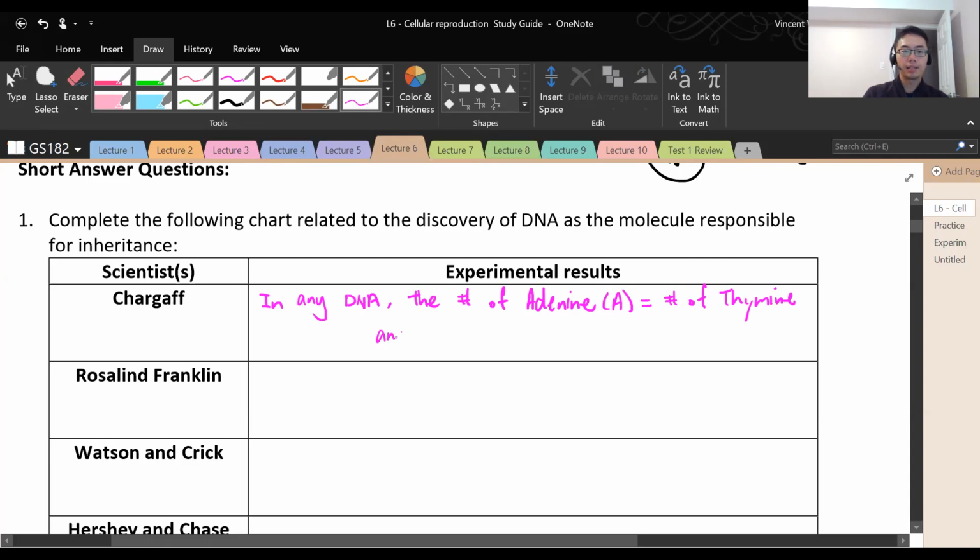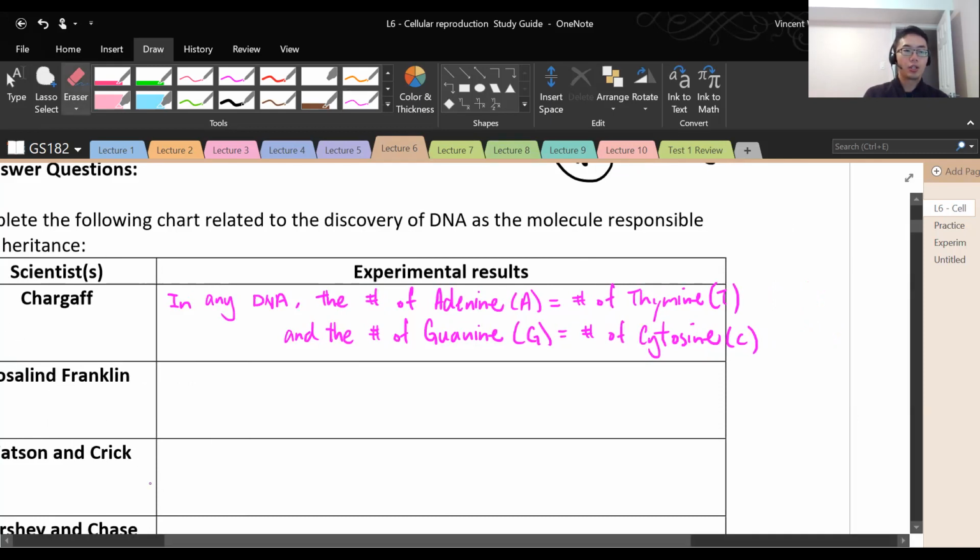And the number of guanine, which is G, always equals the number of cytosine. This is not surprising because we know that A pairs with T and G pairs with C. So you would expect to have the same number of A as you would for thymine, and the same number of G as you would for C.